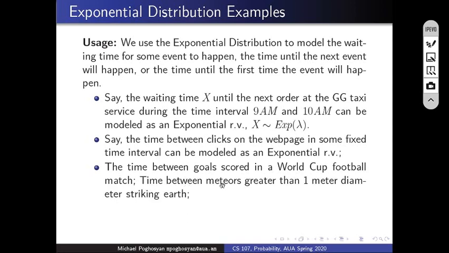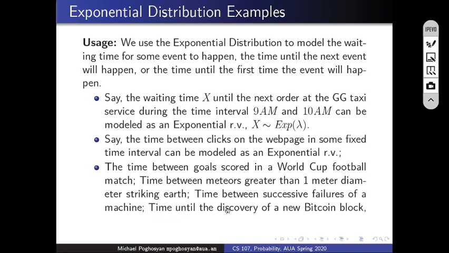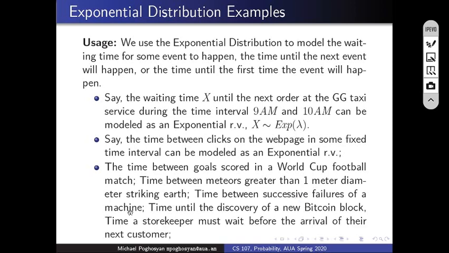The time until the next meteor greater than 1 meter in diameter strikes the Earth can again be modeled as exponential. Or the time between successive failures of a machine, or between discovery of new Bitcoin blocks, the time a storekeeper must wait before the arrival of their next customer, or the time between late arrivals to probability class when we were doing our classes at the classroom.